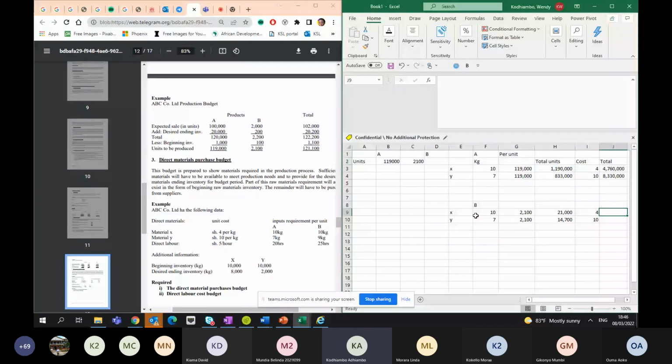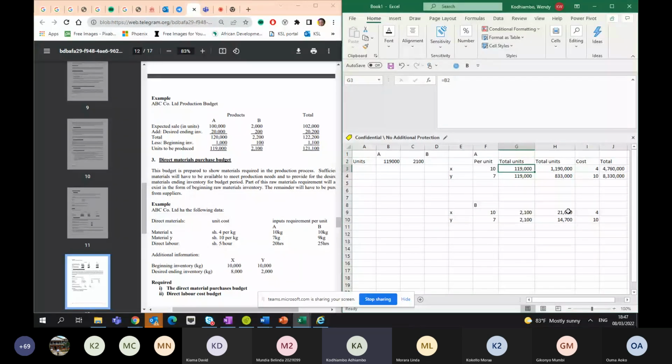You're being told ice cream is made of two components, X and Y. And the ratio is, per 1 unit of ice cream, 1 liter of ice cream, you need 10 of X, and maybe this is milk, and sugar, and 7 of Y. So how much do you need in total? You need to find the total number of units. So this is like the price per unit. I really hope I'm not confusing you guys. If I am, just stop me now. Then this is the total units based on the calculation we had done above.